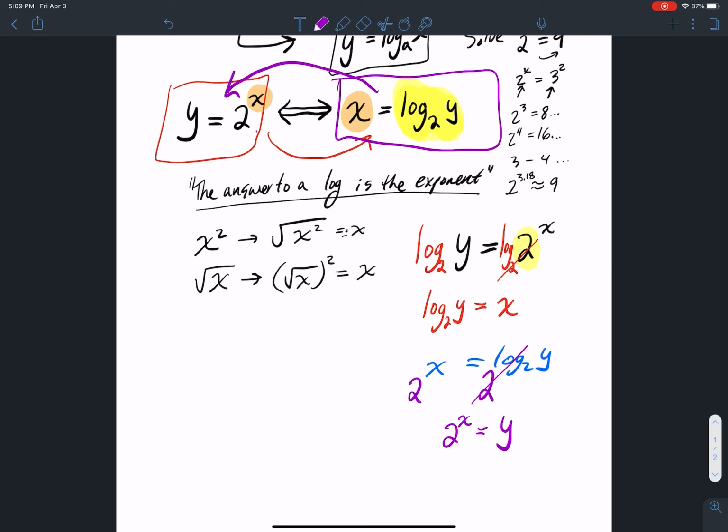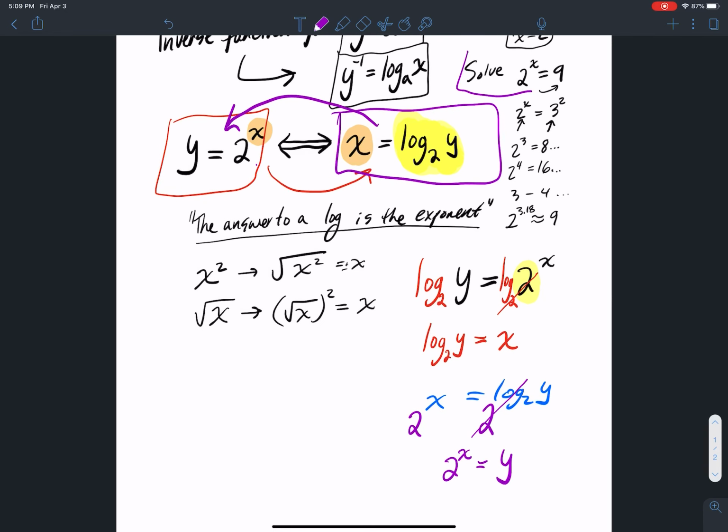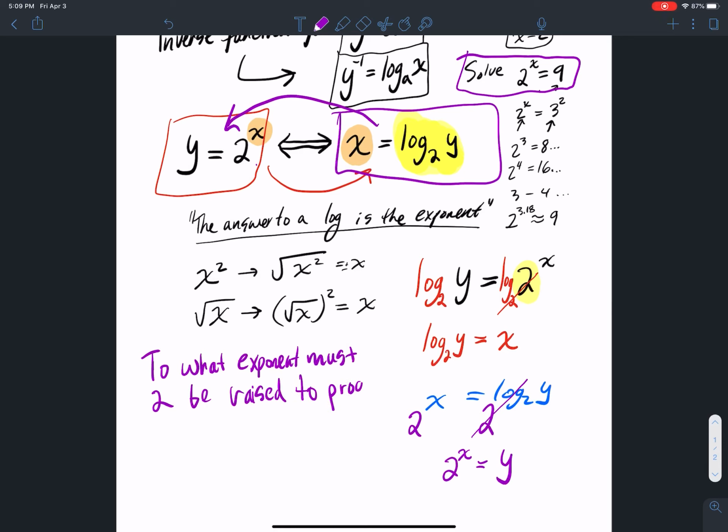So the question becomes, going back to our answer here, how do we find x? The question is, to what exponent must 2 be raised to produce 9? That's the question, right?